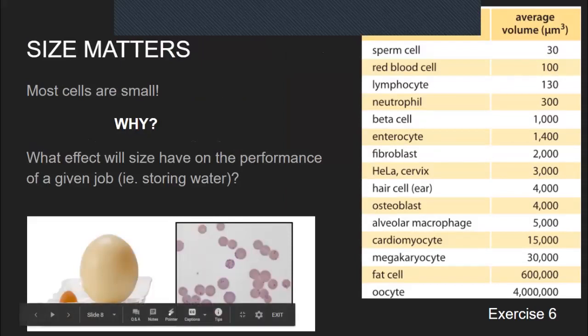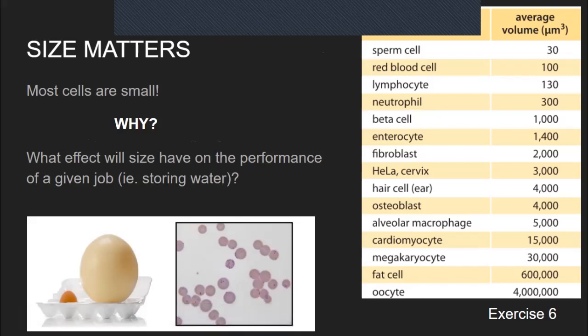So exercise 6, we start getting into why this size matters. I mentioned it already back in exercise 1. Size is really important to efficiency. And that's because it increases what we call the surface area to volume ratio.